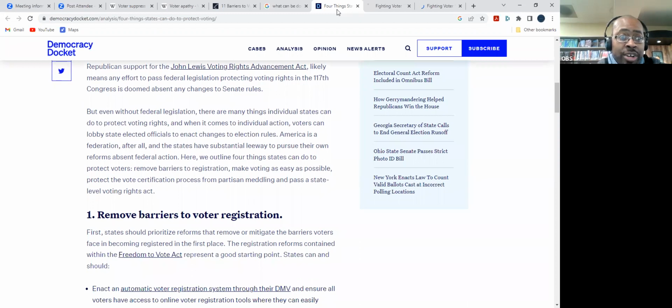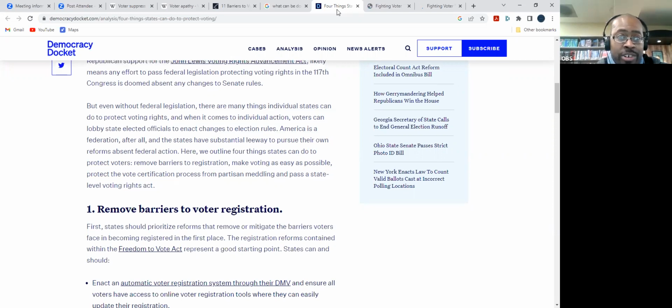But even without federal legislation, there are many things individual states can do to protect voting rights. And when it comes to individual action, voters can lobby state elected officials to enact changes to election rules. America is a federation, after all, and states have substantial leeway to pursue their own reform absent of federal action.